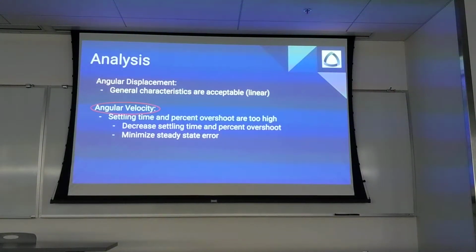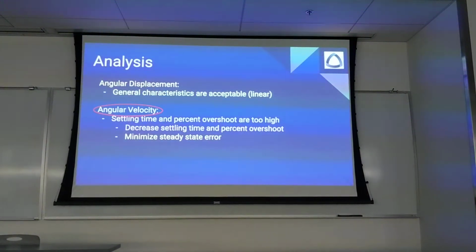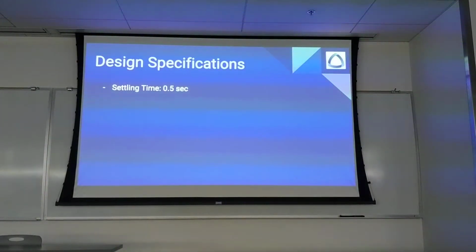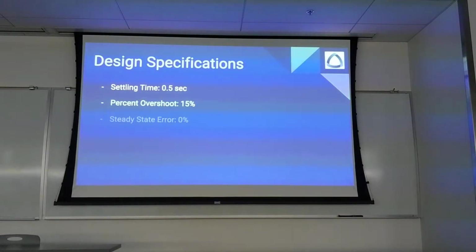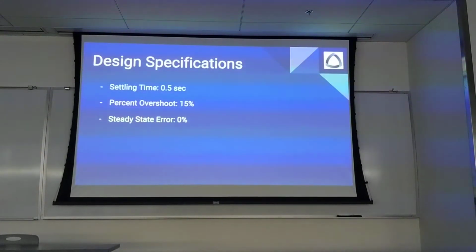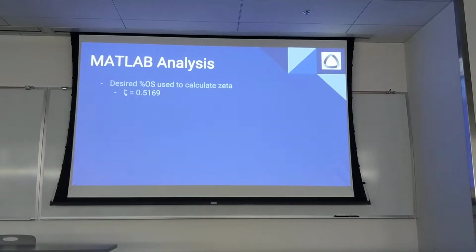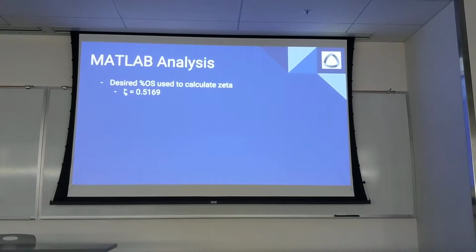So for our analysis, we decided to decrease the settling time and percent overshoot, and also to minimize the steady state error. So the specifications we decided on were a settling time of 0.5 seconds, a percent overshoot of 15%, and a steady state error of 0%. So we used various aspects of MATLAB and the CISO tool to determine the values for our controller.